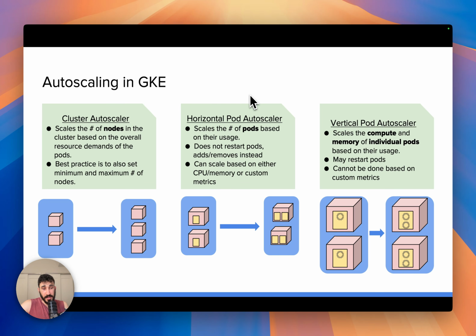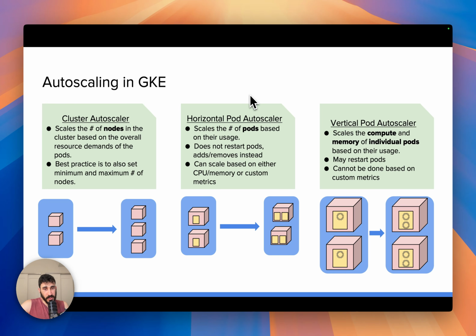The best practice here is to constrain the autoscaler by setting a minimum and maximum number of nodes, because you don't want the autoscaler putting in an infinite number of nodes and then you're paying for all that. But you also don't want it to undershoot the number of nodes. You might want to maintain a baseline. So that's a best practice that could be tested on the exam.